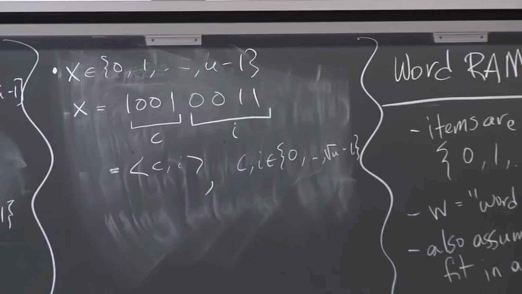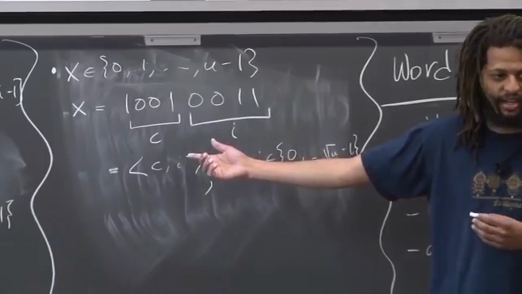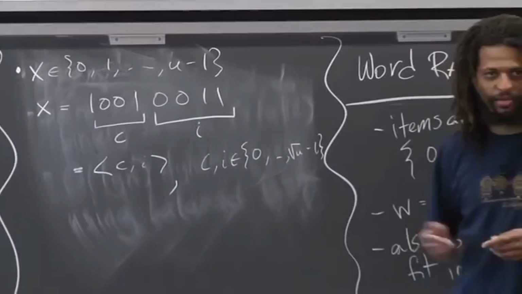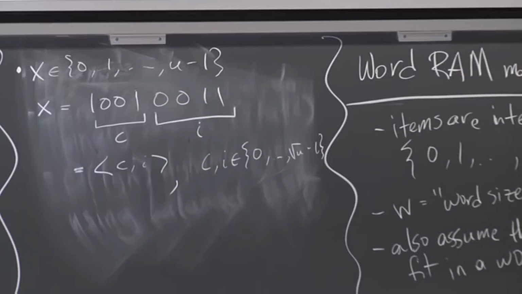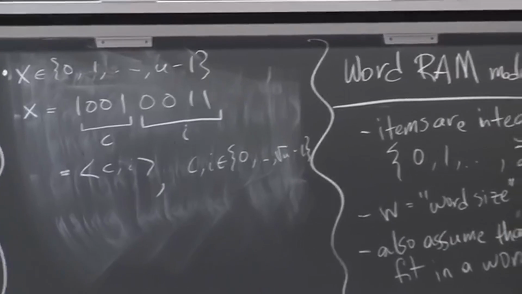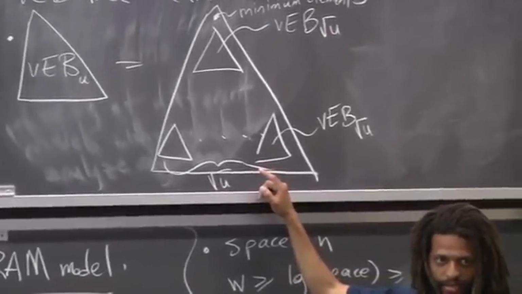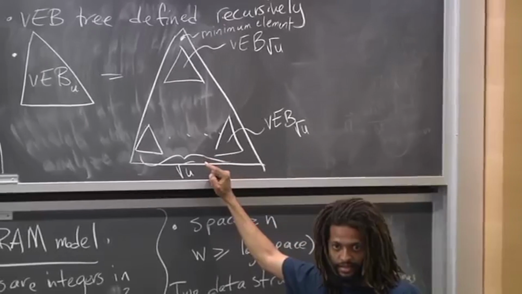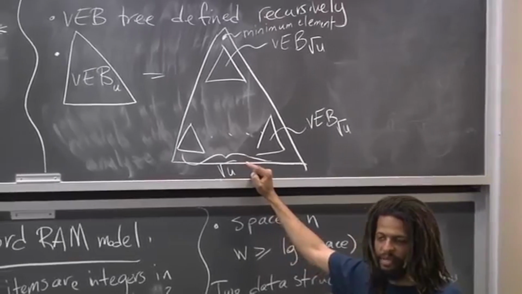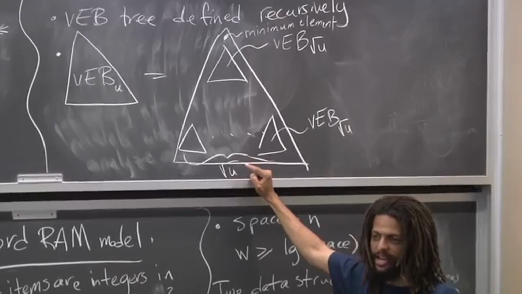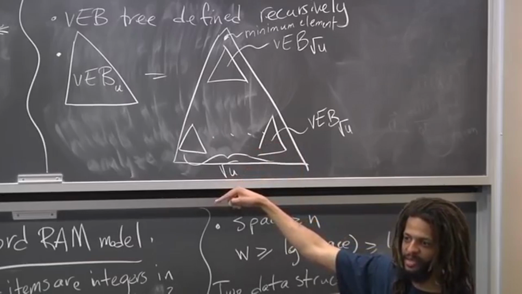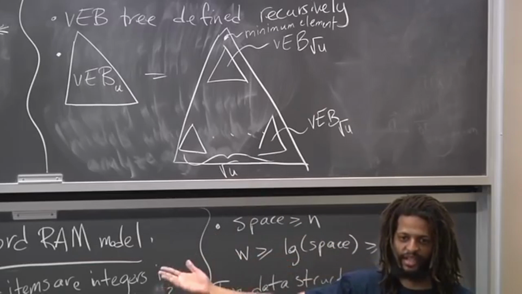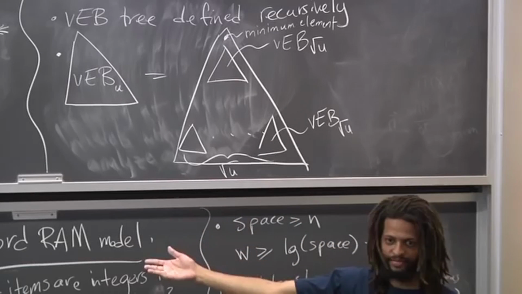Okay, so here is the idea. I can extract c and i each in constant time using shifts and masking with bitwise and. Then I look in the cth cluster, at the minimum element in the cth cluster. If I'm bigger than it, then I know my predecessor lives in the same cluster as me, and I can just recursively do a predecessor on i in that cluster.